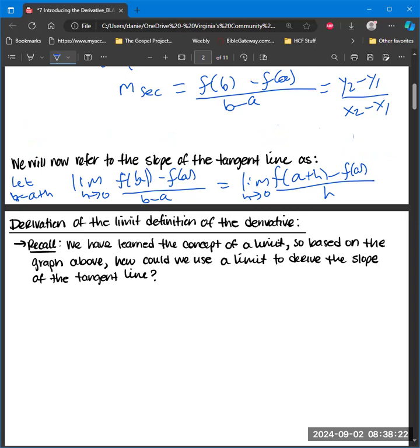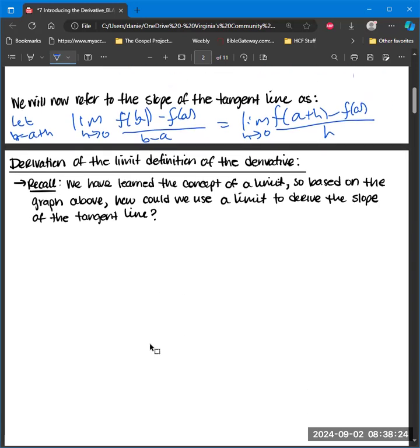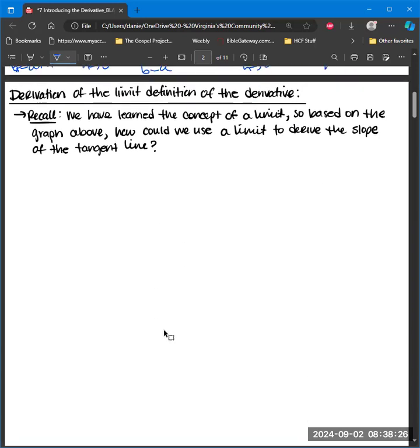So let's go ahead and get the derivation of the limit definition of the derivative. Recall we have learned the concept of a limit. So based on the graph above, we could use a limit to derive the slope of the tangent line.